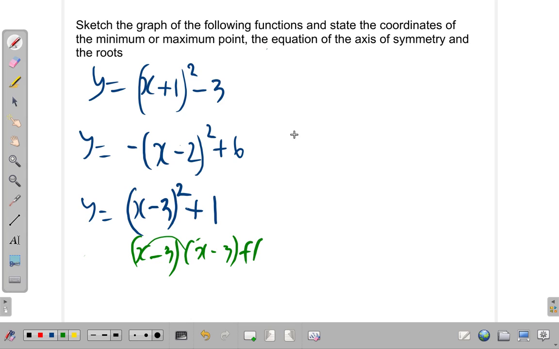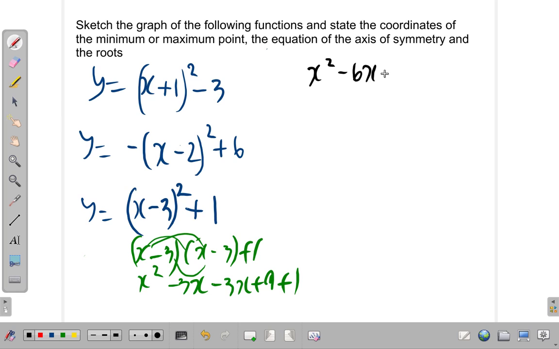We have x squared minus 6x plus 9 plus 1. Not plus 1, plus 10. 9 plus 1 is 10.